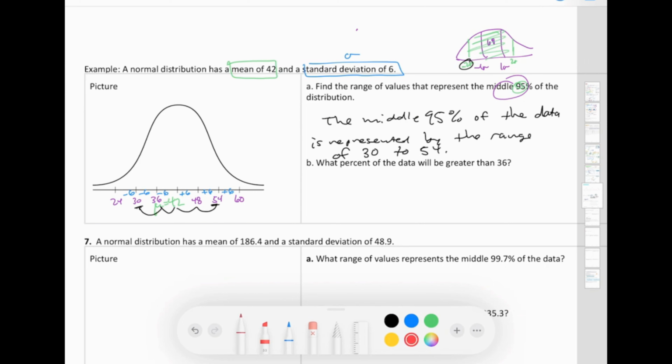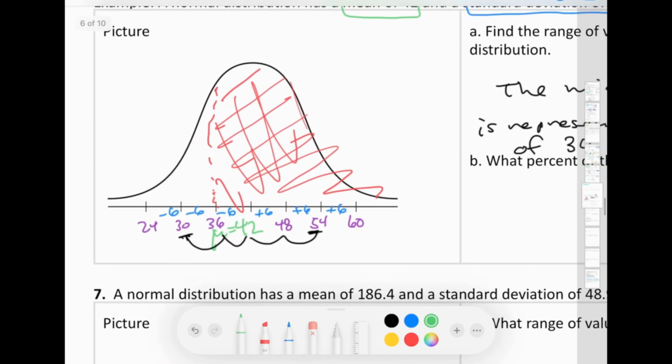Okay, part B, what percent of the data will be greater than 36? So they want to know this side. Now, let's use, I'm using green.